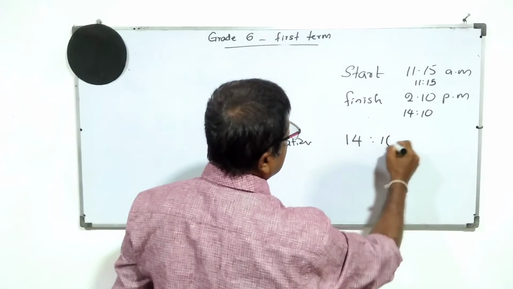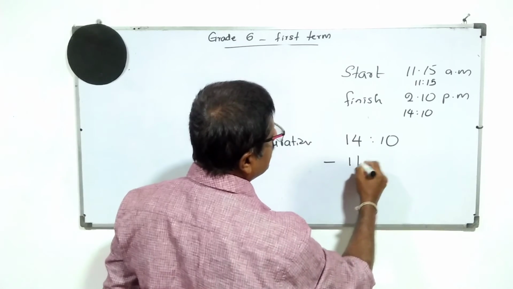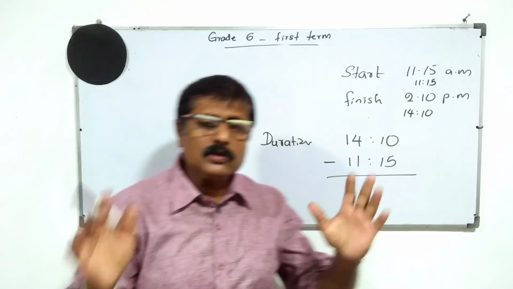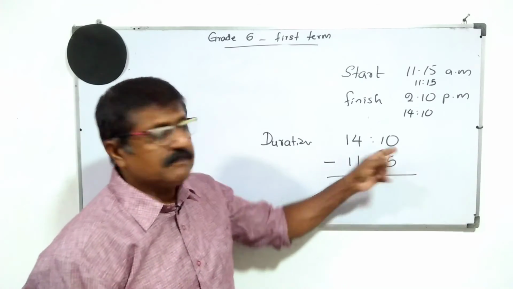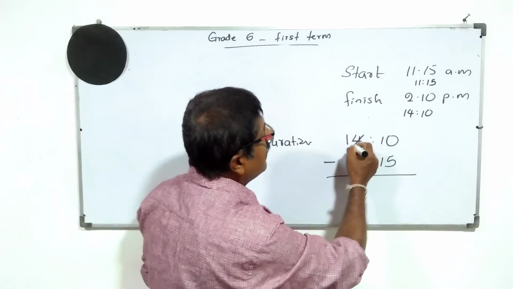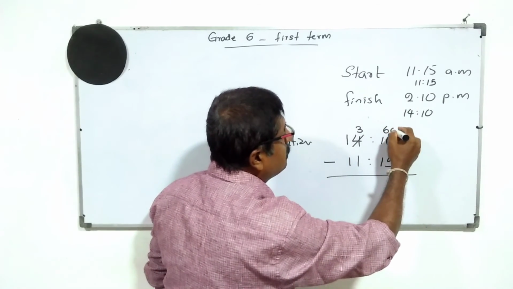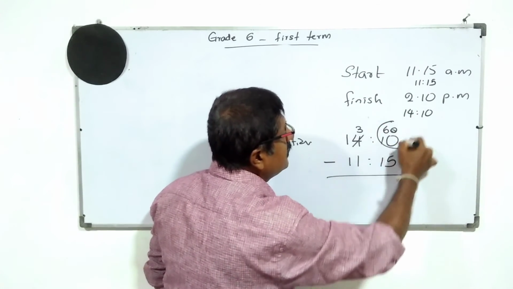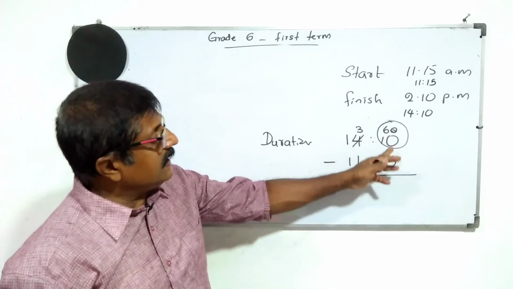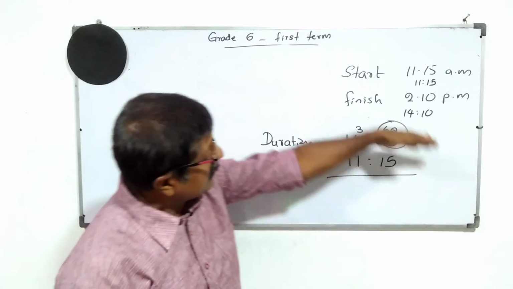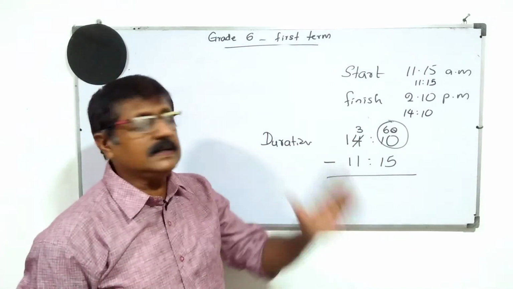Duration is 14:10 minus 11:15. Now here you can't subtract 15 from 10. Then take 1 hour into your hand and put it to the other side. Then it splits into 60 minutes. Altogether on this side there are 70 minutes because you put one from the hour side to the minute side.